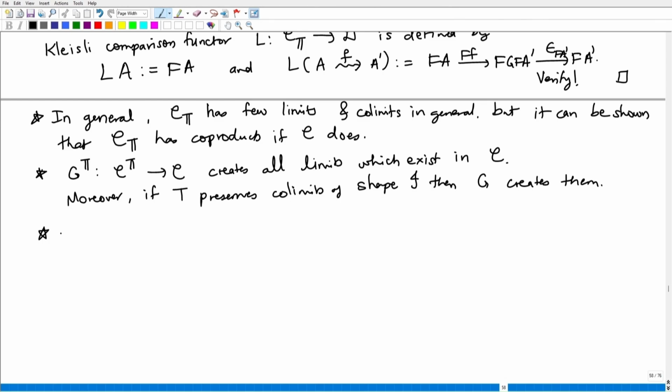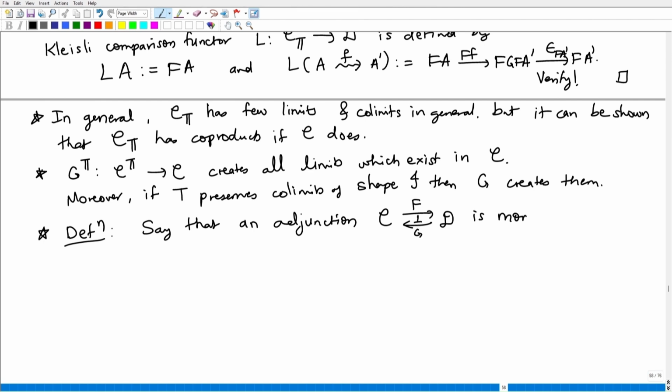Now this becomes an important definition. Say that an adjunction, this is an arbitrary adjunction, there is no monad in this picture right now, is monadic. Any guesses? When will it be monadic?